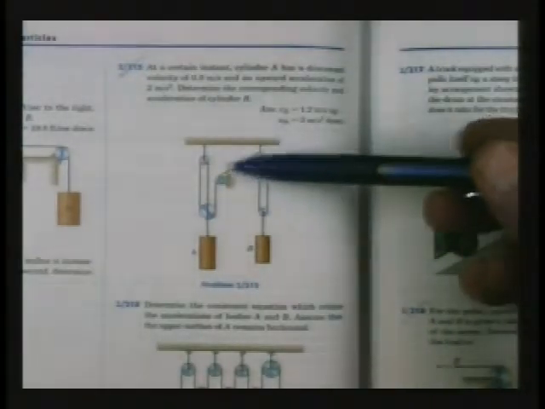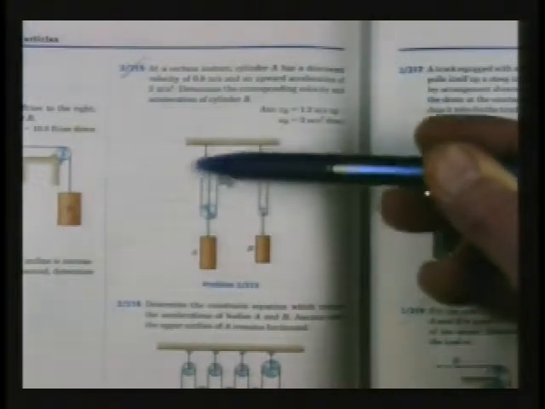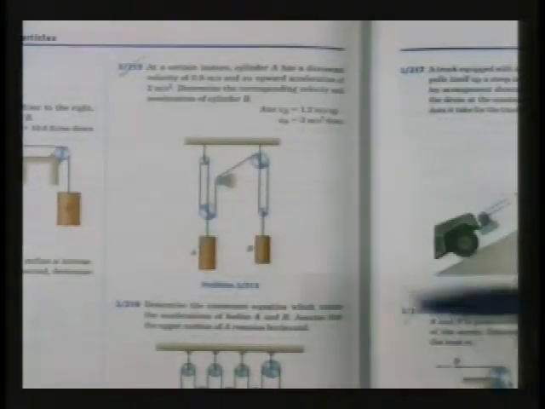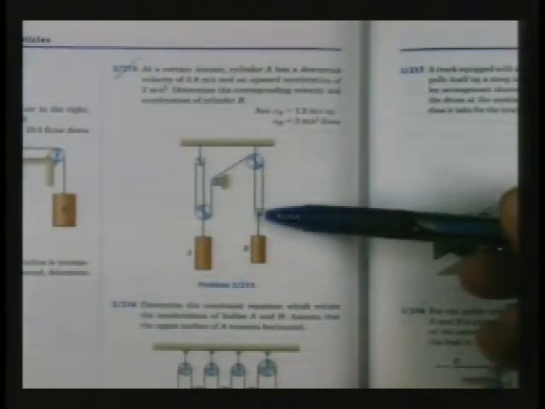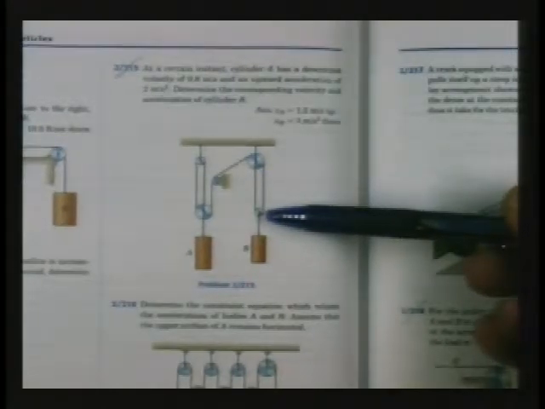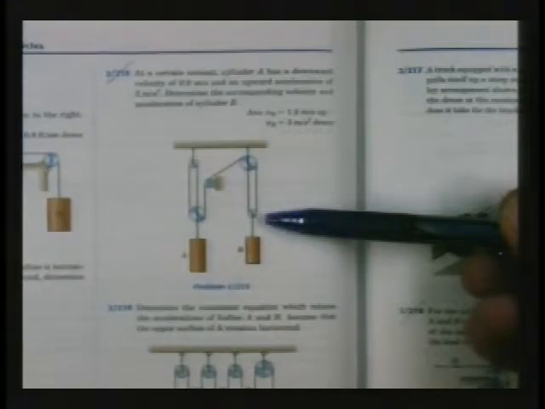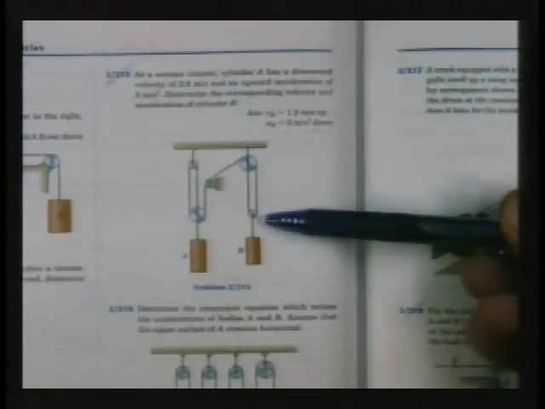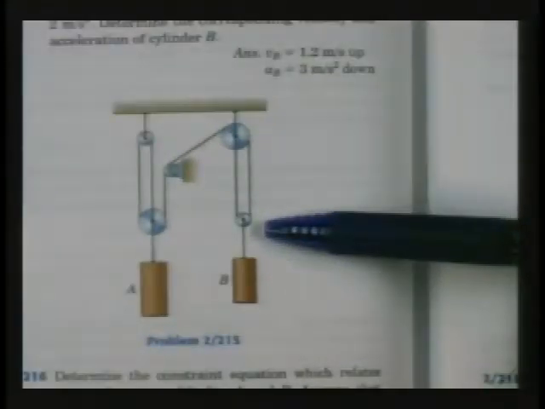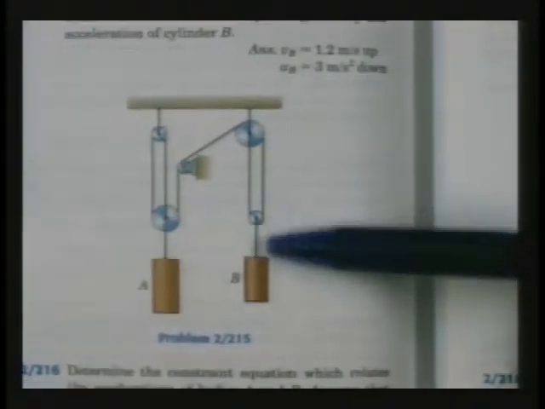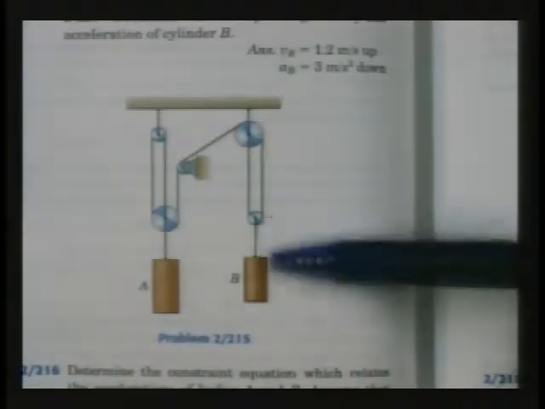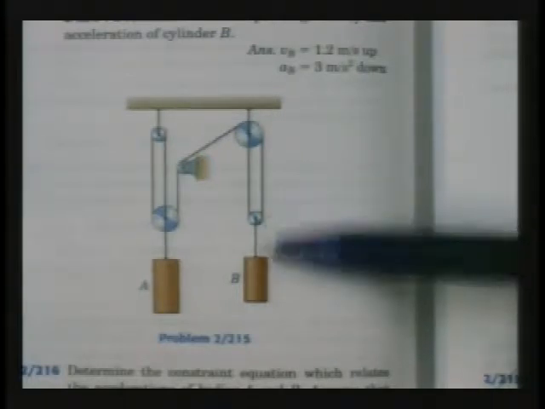Just walk your way all the way around there, and you can consider this to be where body B is located. Everybody see that? You can consider this position to be where body B is located, because this length right here is unchanging.